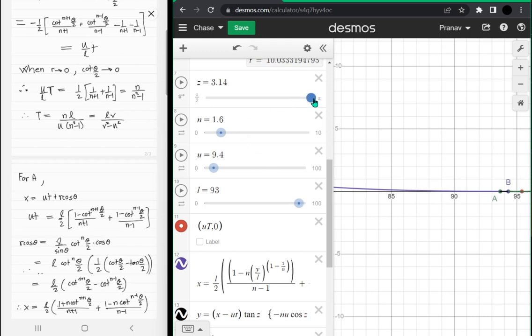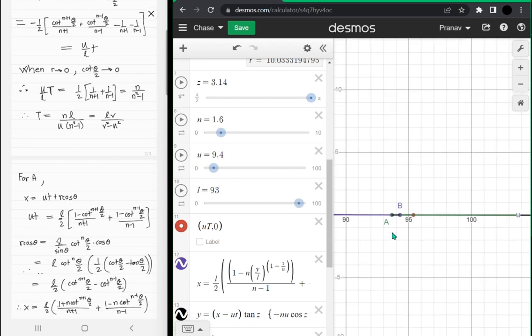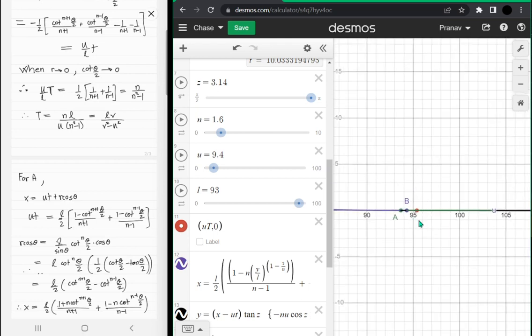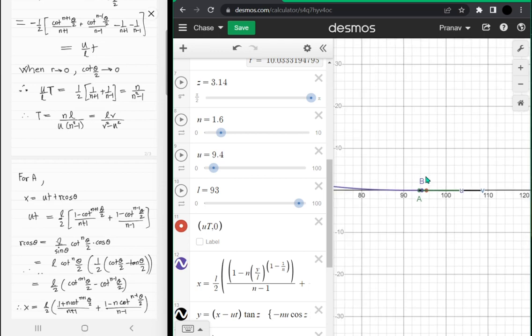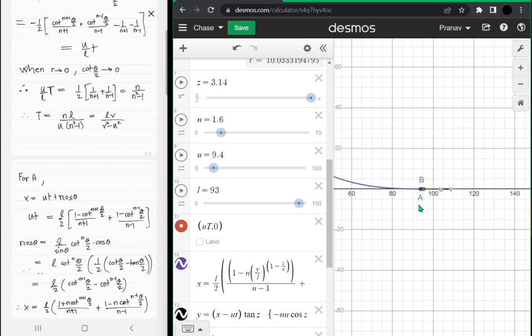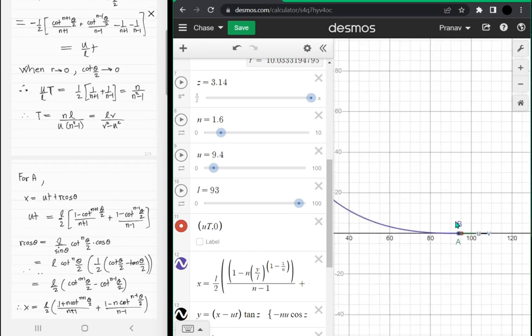Nice. So at pi, these should become the same, right? Even though it is not exactly looking the same, because of course this was a limiting case over here, but yes, actually it should become the same. So when it's slightly less than pi, right? So something like this happens, and yeah, looks good, I think.